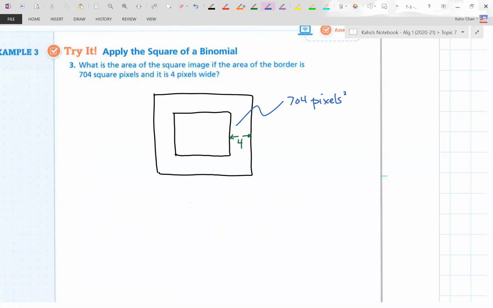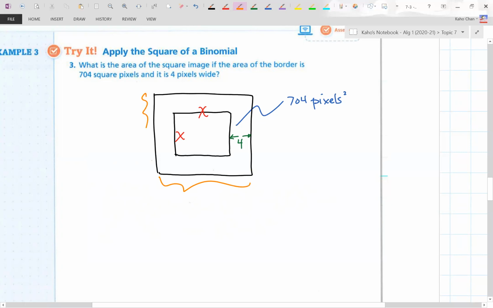We don't know what that is, so let's assign it a variable, x and x. All right. So what we can do is basically figure out what the heck x is by that piece of information. Okay. So let's go ahead and figure out the width and the other width as well. You guys agree that I'm adding 4 to each side, and so isn't that x plus 4 for both the length and the width, based off of the distance around the frame?